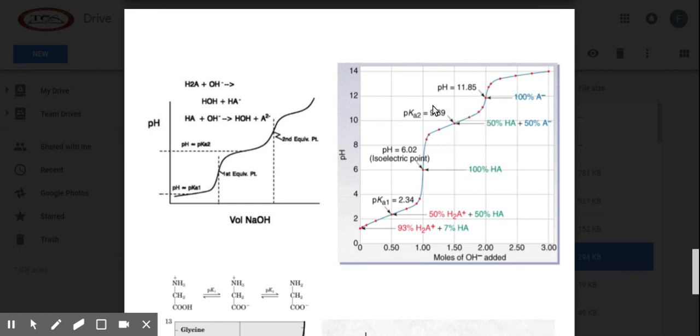And then we have another buffer region, right? We have HA minus, which is greater than A2 minus. We have HA minus, which is equal to A2 minus. And past the midpoint, we have HA minus, which is less than A2 minus.